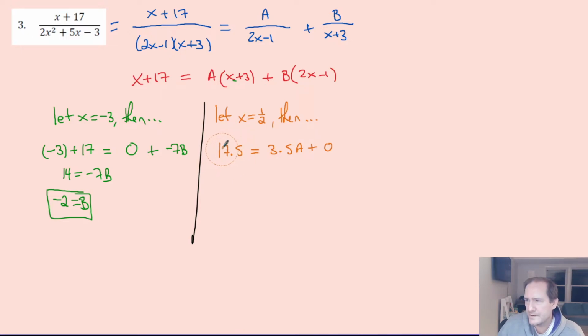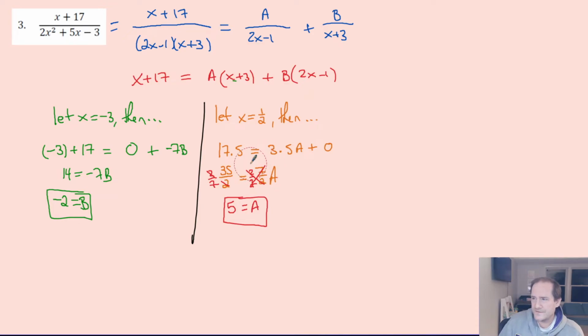17.5 would be what? 35 divided by 2? And this is 7 divided by 2. So a pretty clean way to think about how to solve this is you just multiply by the reciprocal. 2/7, 2/7. And then you see the 2's cancel, 7's cancel, there's your a. These 2's cancel, and then 35 over 7 is 5.